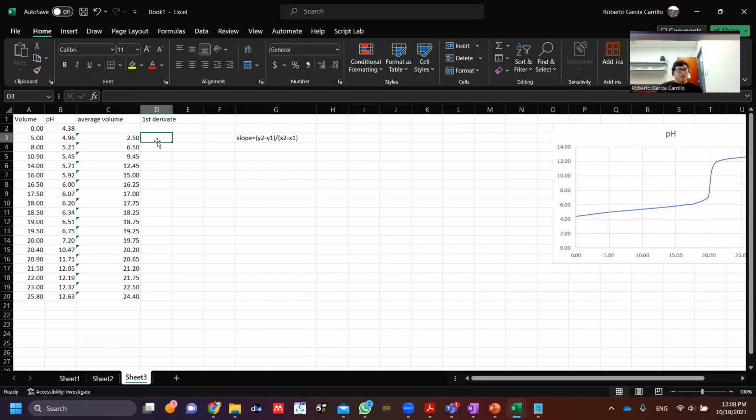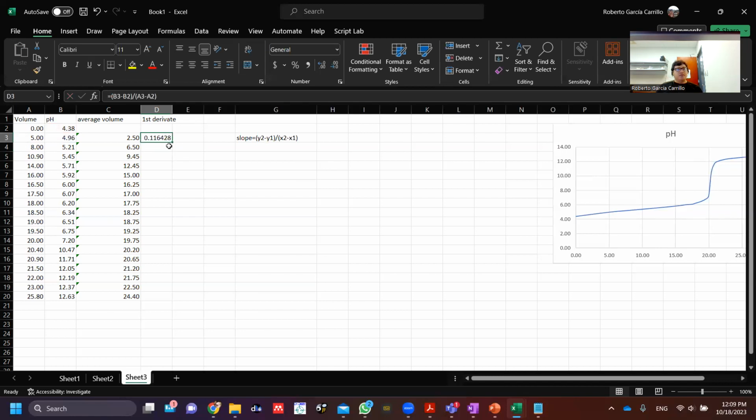So we go to the second cell, which is not empty, and we do equal to, open parentheses. In this case, our y values are the pHs, so it's second pH minus first pH, close parentheses, divided by open parentheses, second volume, which is the x value, or x2 in this formula, minus the first x1 value, close parentheses, and enter.